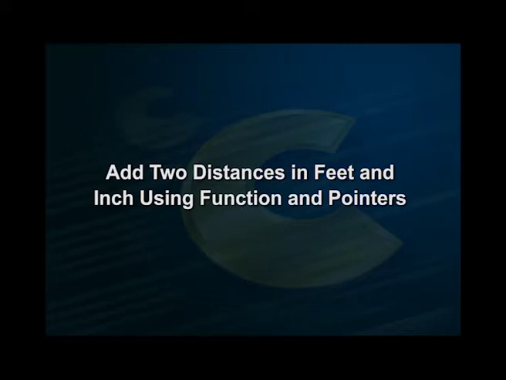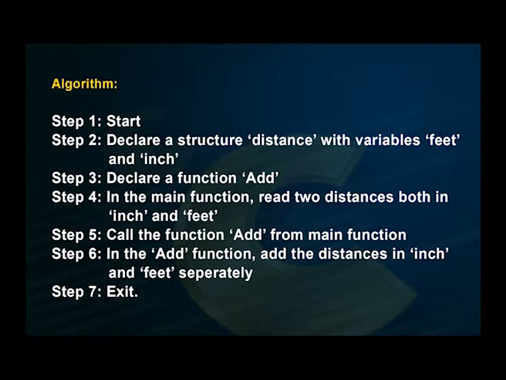Add 2 distances in feet and inch using function and pointers. Let us start formulating the algorithm for this problem. Step 1, start. Step 2, declare a structure distance with the variables feet and inch.